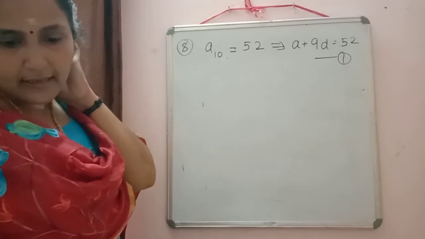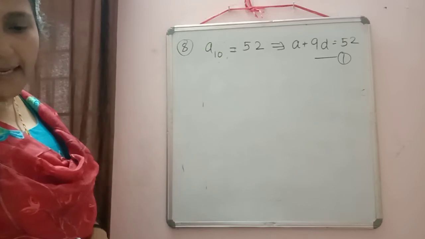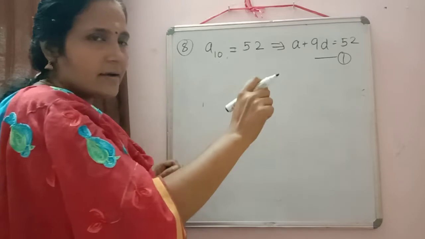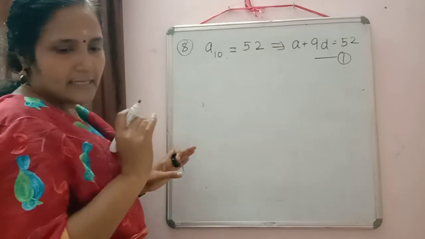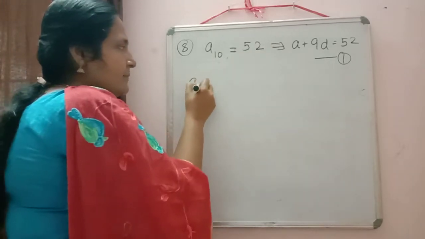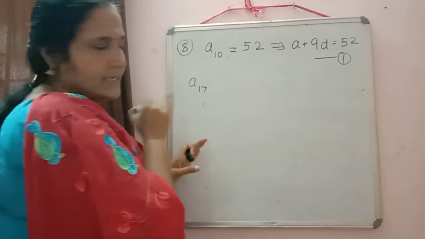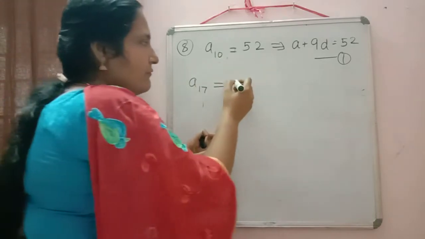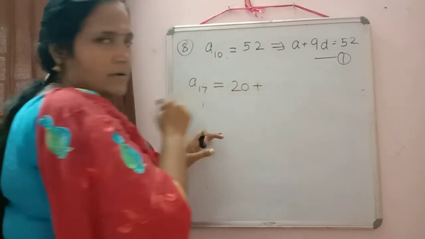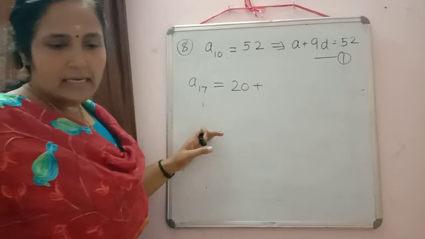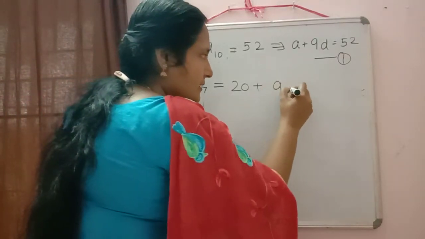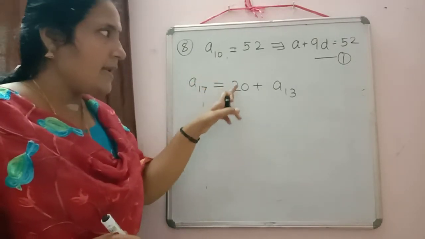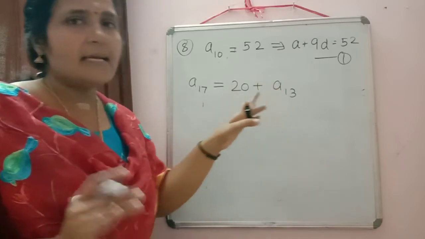And then it was written that the 17th term is 20 more than the 13th term. So again read the question and write down the equation. The 17th term, A17, is equal to 20 more, meaning plus 20, than the 13th term, A13.